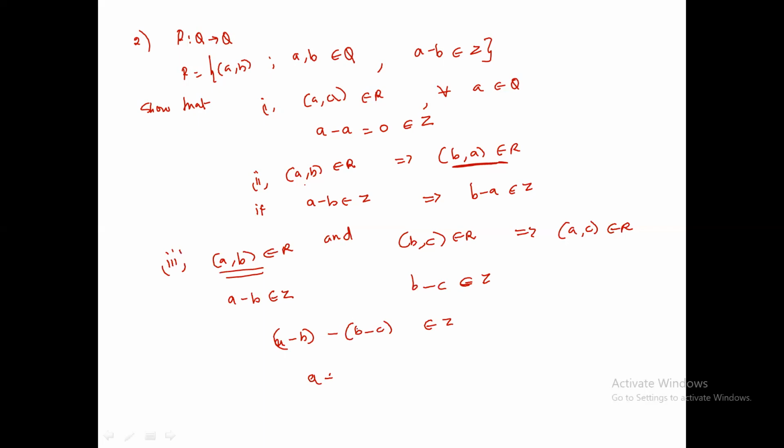If you take plus, you will get a minus c is an integer. Then you can say (a, c) also belongs to the relation R. This is what you have to do.